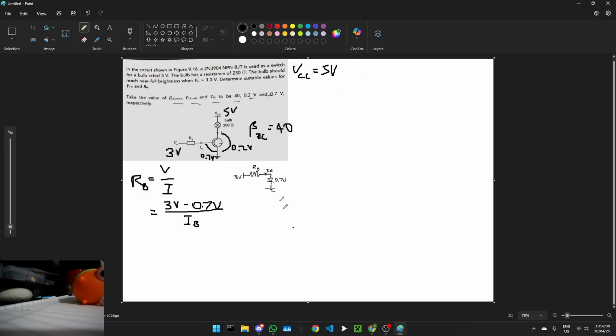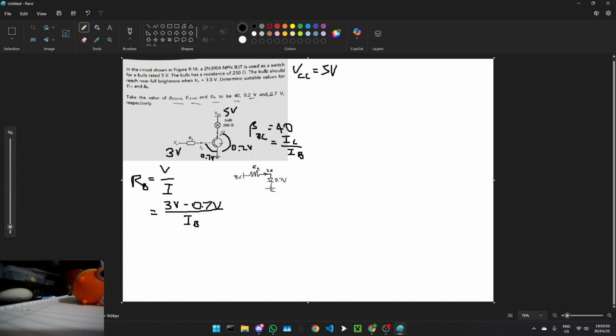So how do you find IB? Well, we know that the DC current gain, which is 40, is equal to IC over IB. So if only we could find IC, then the question is solved. And we can.